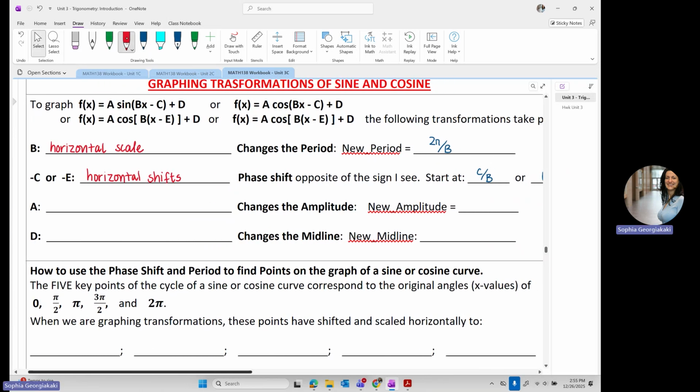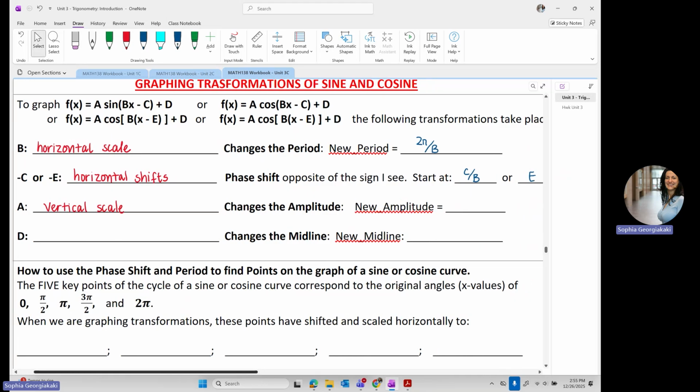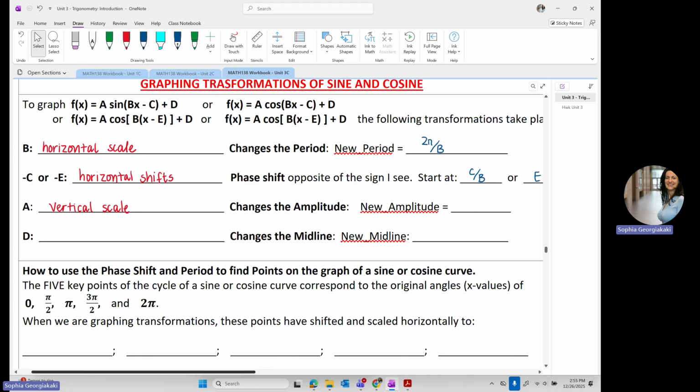A is a vertical scale. In terms of the graph, this indicates the amplitude of your graph, how much your wave will be stretched or shrunk about the midline. So your new amplitude here will be the absolute value of A, times 1, because 1 is the original amplitude.